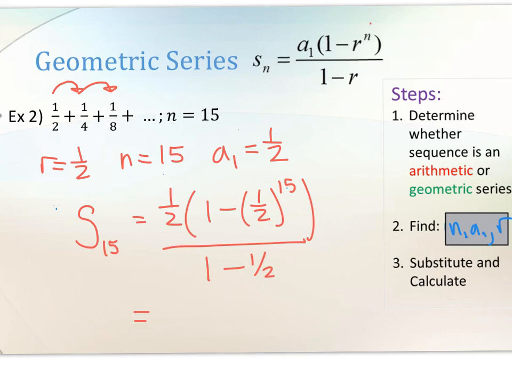Now, for the purpose of this explanation, if we want something a little more tangible, we would get the following value. And as you can see, we're very close to 1. This is kind of an approximation. If we were to get the fractional form, it would look like this: 32,767 over 32,768.